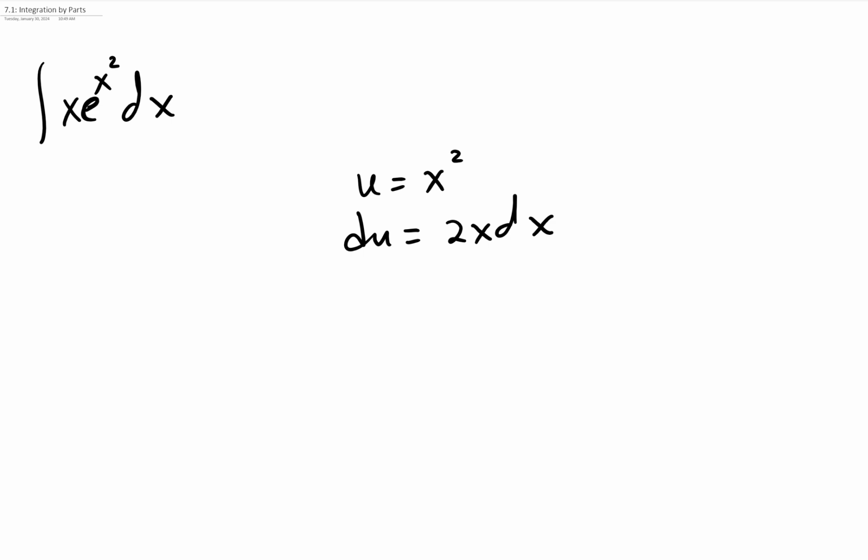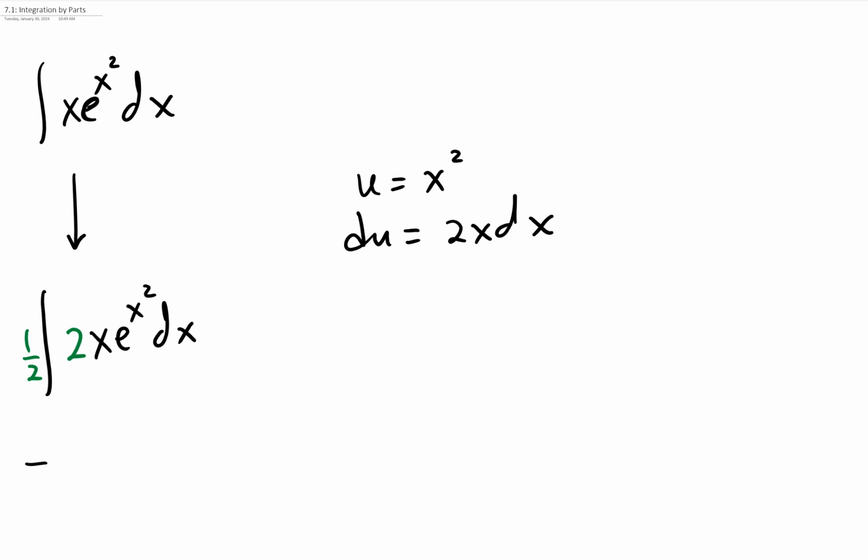If we try to integrate something like x e to the x squared dx, people say, okay, I can use u sub. On the side, I take u to be x squared, du is 2x dx. Then I come back and multiply by 2 because I need the 2 in there, and 1/2 outside.